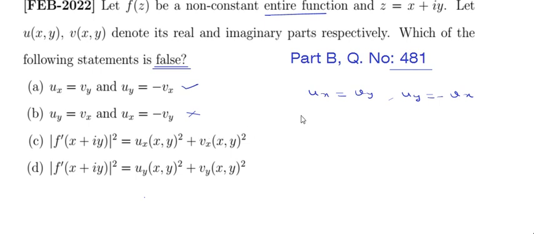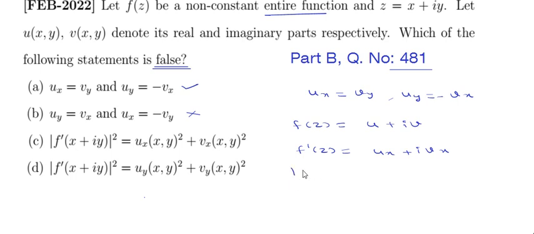Since f is an entire function, it will be differentiable. So f of z is equal to u plus iv. When we differentiate with respect to x, we get f dash of z equal to ux plus i times vx.